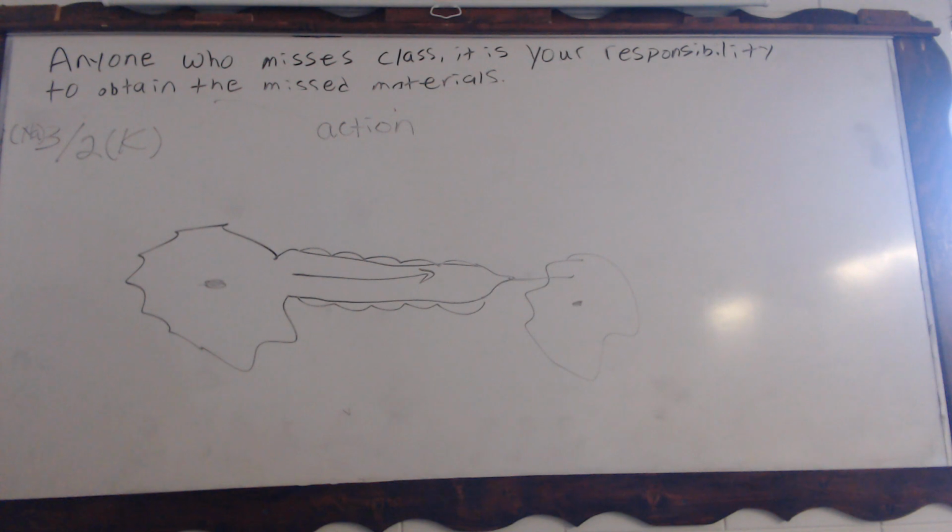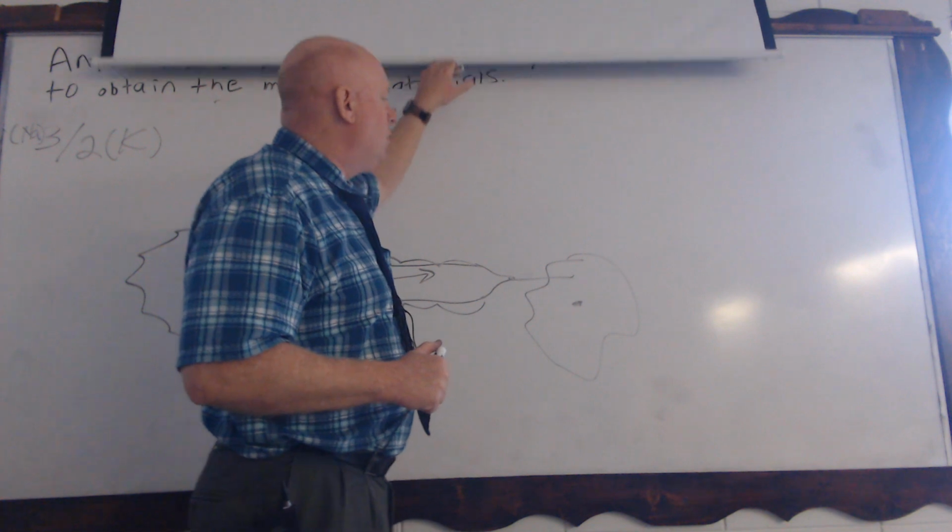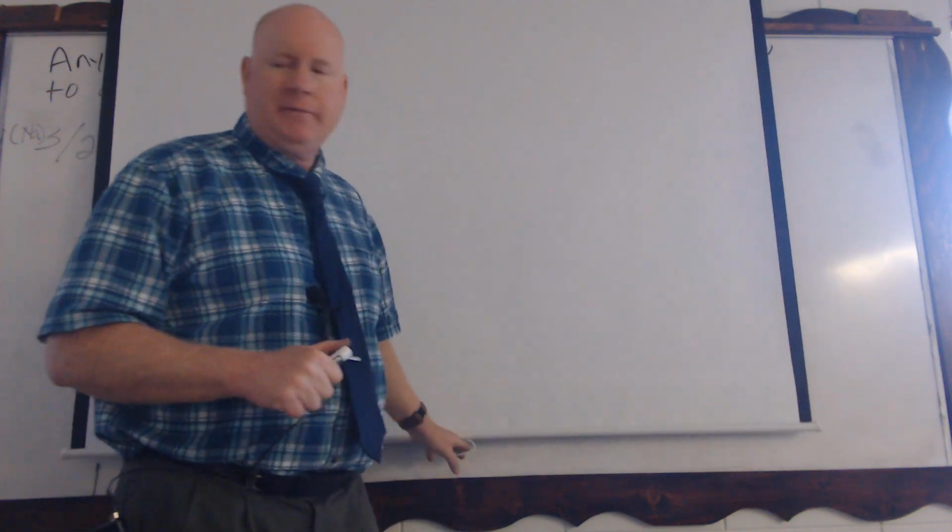Action something. Action potentials. That's right. So not only do these action potentials go from one neuron to another, they can also stimulate muscles then as well. And that's something that we will talk about today.